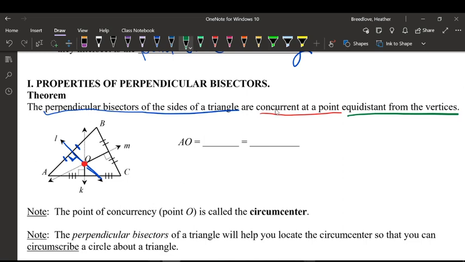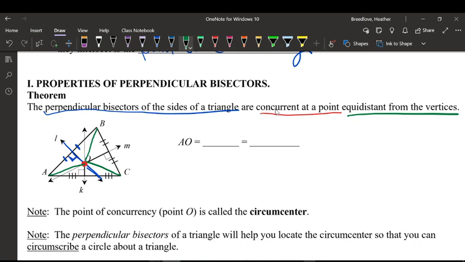So I could draw that in here. This length is going to be the same as this length, which is going to be the same as this length. Those green lines are all the same length, and they go to the angles.